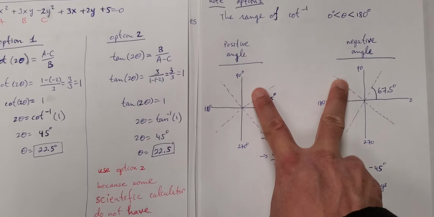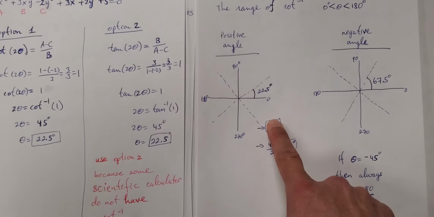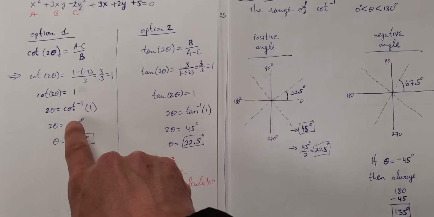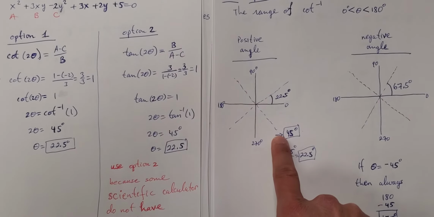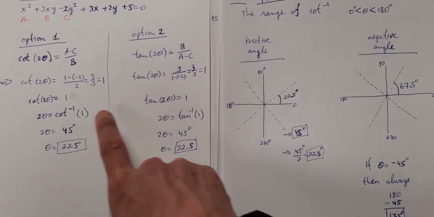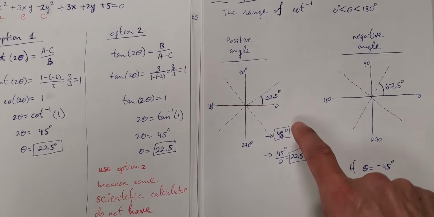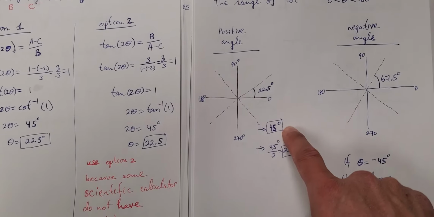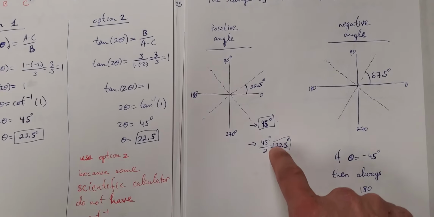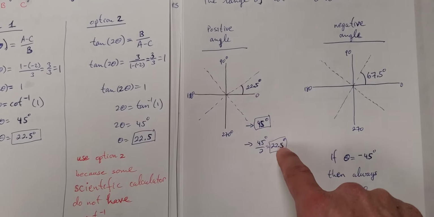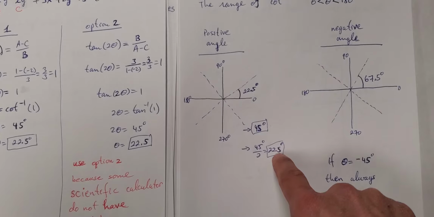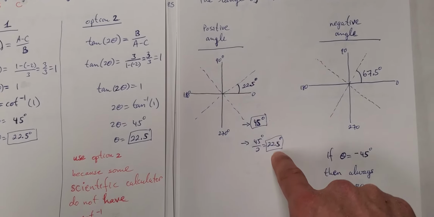And you have two cases. If your angle is positive, like right here, 45, I'm using the same example, but I'm just making a note. If your angle is positive, leave it alone. Divide by 2. This is the angle that your axis will be rotated, at 22.5.